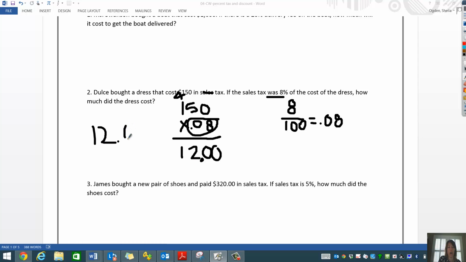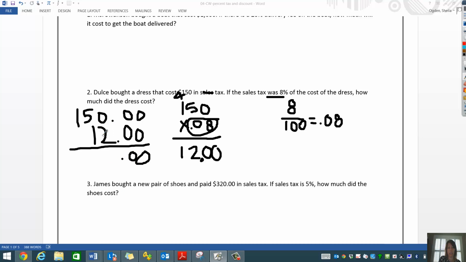Now, the total cost of the dress is going to be the price tag plus the $12 tax. Yesterday we worked a lot on discounts, and with discounts you subtract, but tax is added. It's an addition. My decimals are lined up, which is really important.